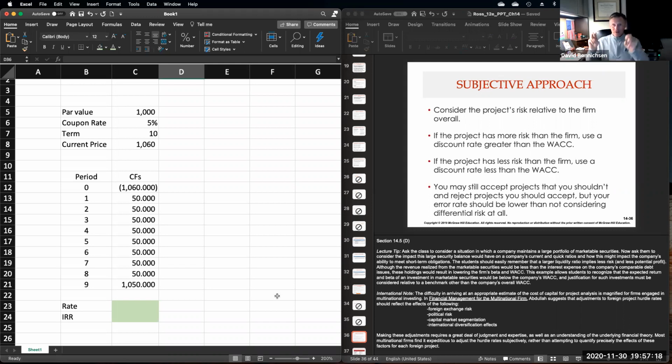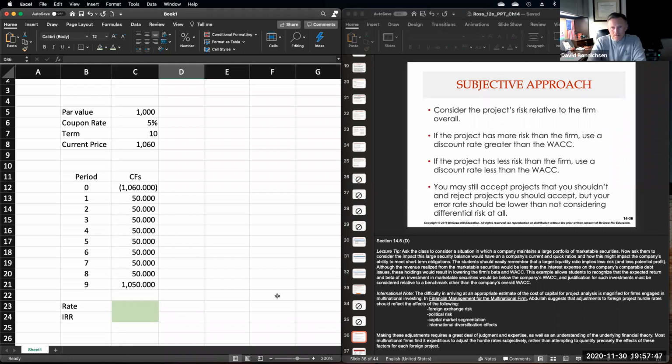What expected return does the project deliver that sets the net present value to zero? That's the IRR. So what IRR is needed to set the net present value to zero? What discount rate, what cost of capital, what weighted average cost of capital is required in order to set the net present value of the transaction to zero?